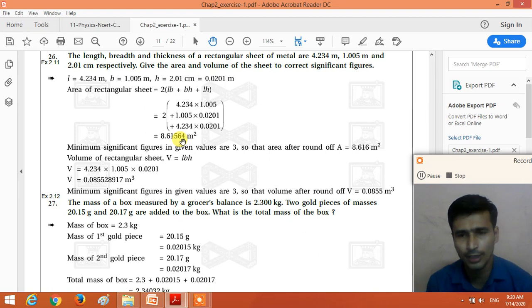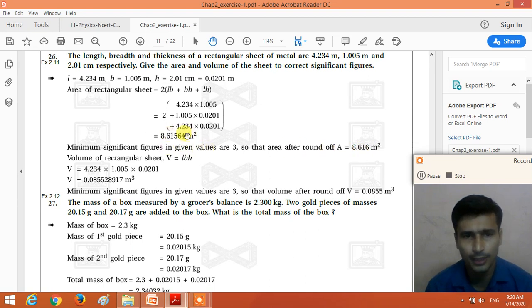So this answer we need to convert up to three significant digits, right? So we round this value up to three significant digits. How do we round the value? See the previous video for rounding of values to the correct significant digit. The minimum significant figures in the given values are 3. So the area after rounding off is 8.61, right?